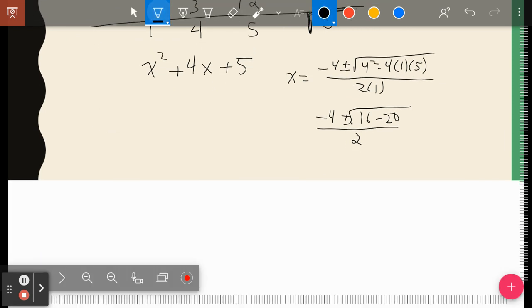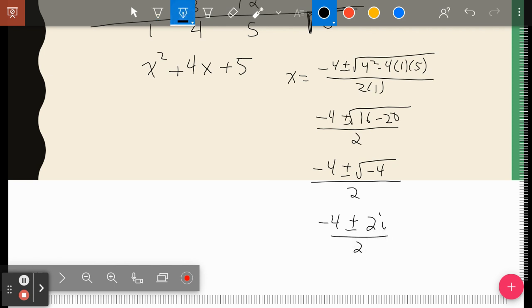All right. And then I have negative 4 plus or minus the square root of negative 4, all over 2. Now, you know the square root of 4 is 2. It's negative, so it's 2i. And so my final answer here is negative 2 plus or minus i.